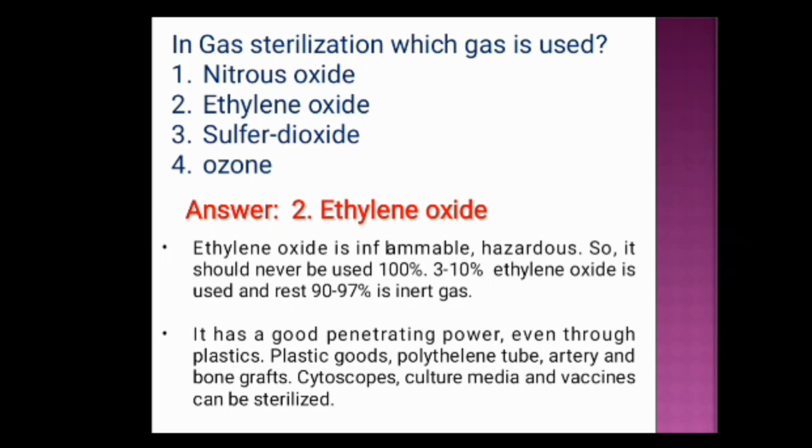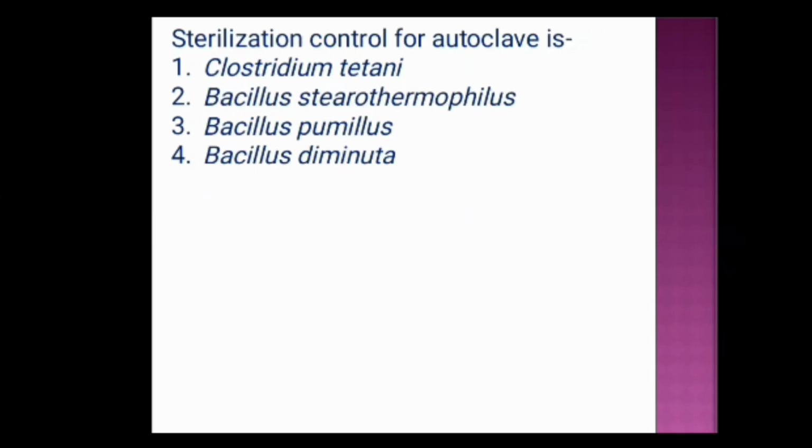Next, sterilization control for autoclave is option 1 Clostridium tetani, option 2 Bacillus stearothermophilus, option 3 Bacillus pumilus, and option 4 Brevundimonas diminuta. The correct answer is option 2, Bacillus stearothermophilus. This is used as the sterilization control for autoclave. Now, what do we mean by sterilization control?